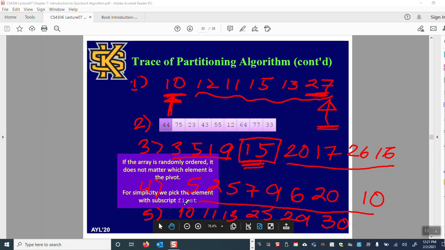That means all elements need to be swapped, put in the right place. So this will be another worst case: if my array is completely or mostly in the opposite order, that gives us a worst case.